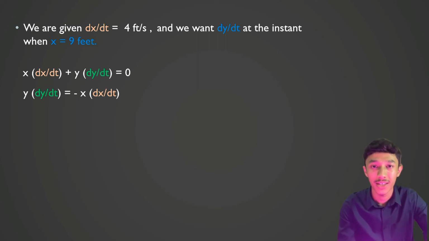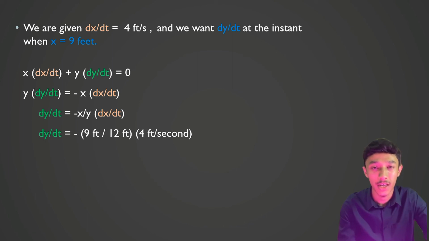We have at the moment that x equals 9 and y equals 12. So, we can make those substitutions, and we were given that dx over dt is 4 feet per second. Now we are just left with multiplication: negative 9 over 12 times 4 feet per second. Then, we get the answer, which is negative 3 feet per second.